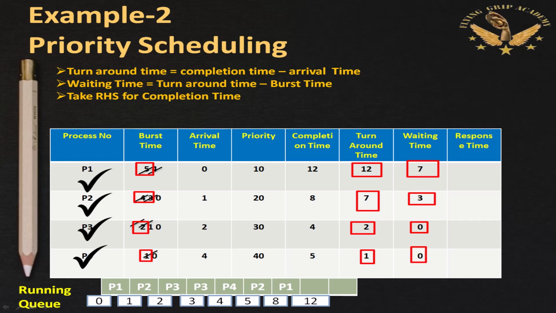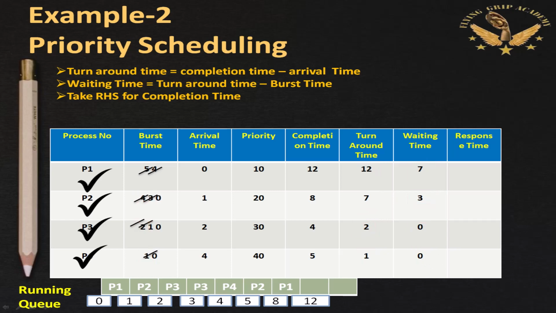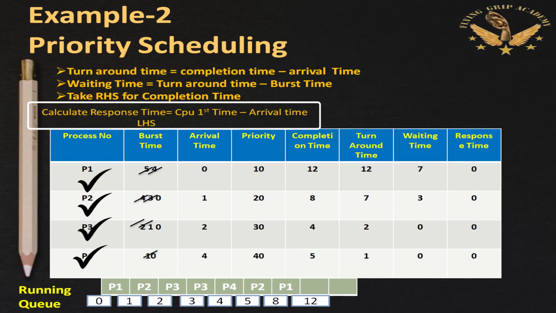Again we need to find the response time. In order to find the response time, we are going to take the first time it got the CPU minus arrival time. Now we are going to calculate that. For P1, at what time it first ran? 0. So 0 minus arrival time 0 is 0.